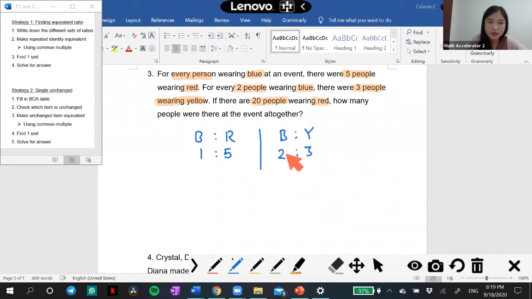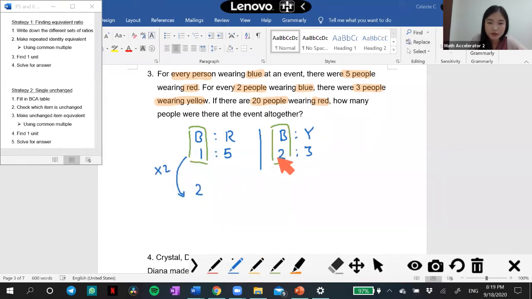So what is the repeated identity here that we have to make equivalent? Right, the blue, because they are repeated here. So this 1 we can times 2 to get 2, right?